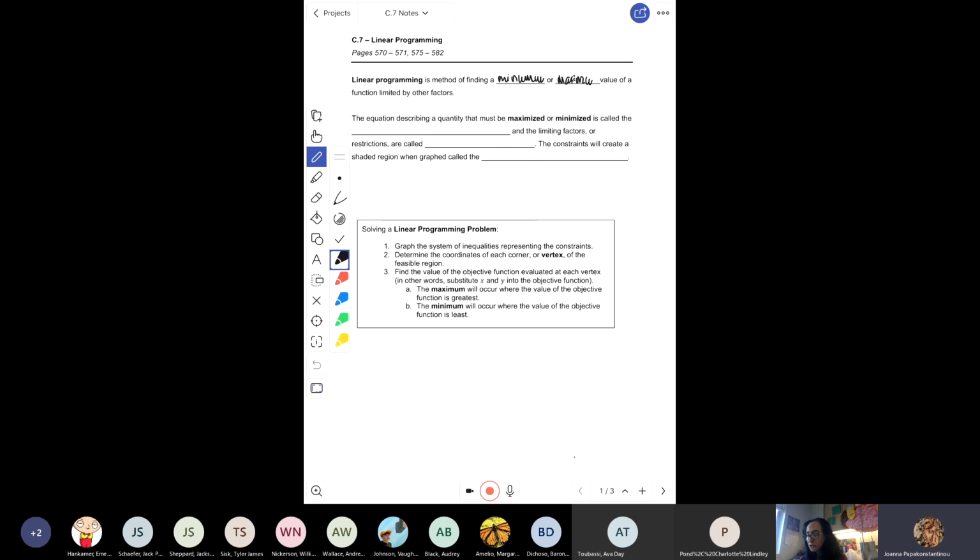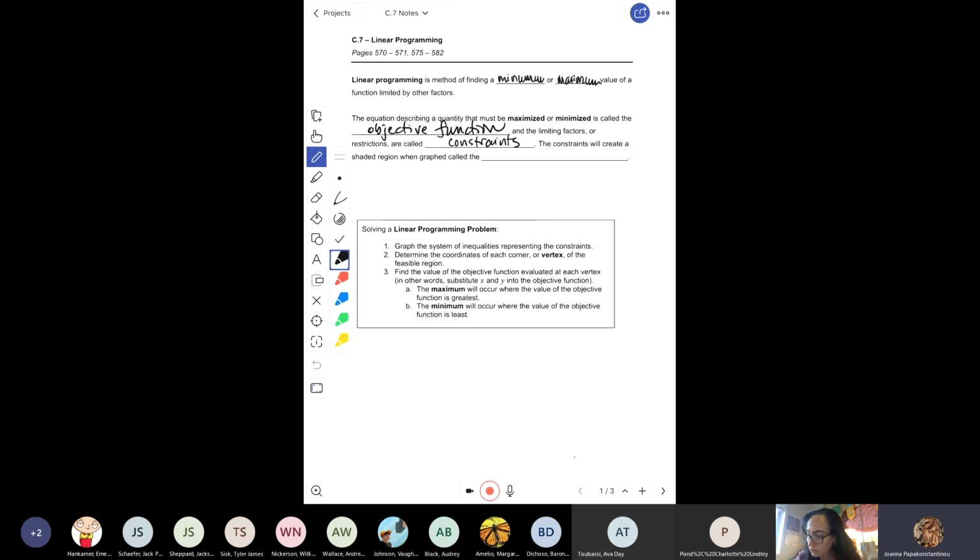The equation describing what we're trying to maximize or minimize is called the objective function. You may be given the objective function, or you may be asked to come up with one. The limiting factors, the restrictions, are called constraints.